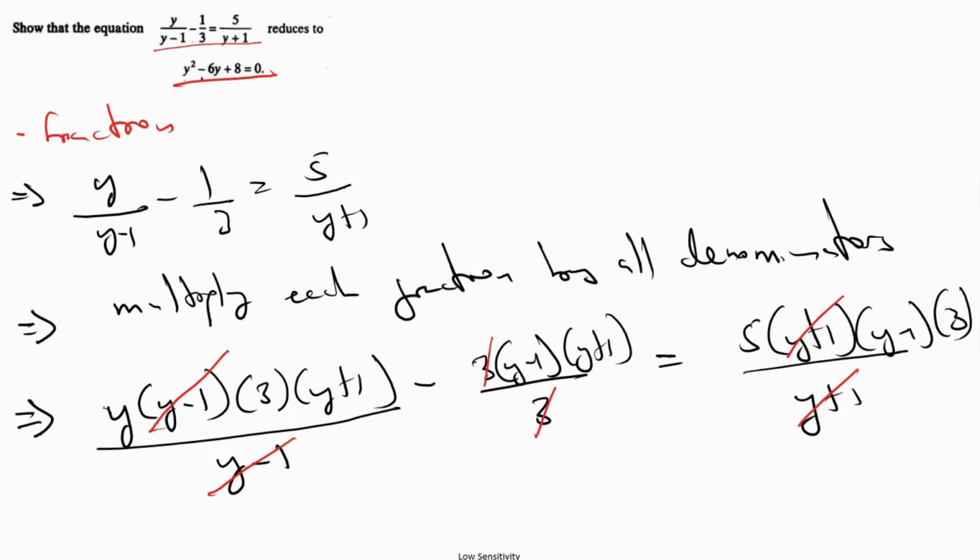So then what are we left with? Let's go further here. We're left with the first expression just becoming 3y plus 1, because we cancelled the y minus 1 on the numerator and the denominator.